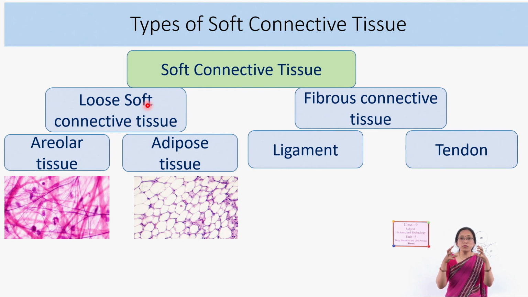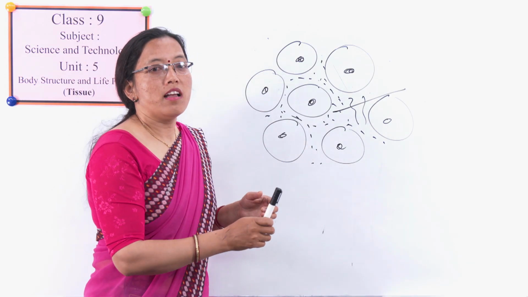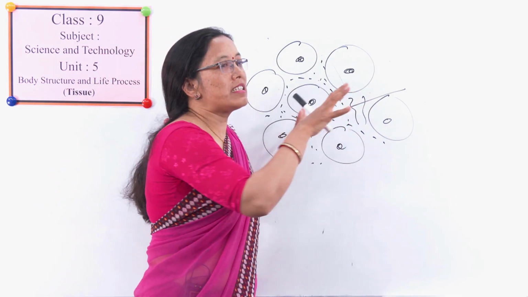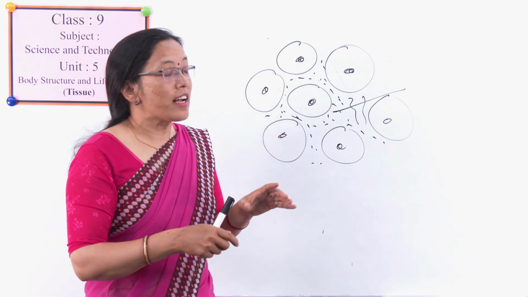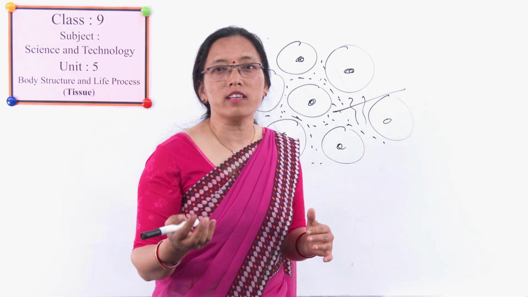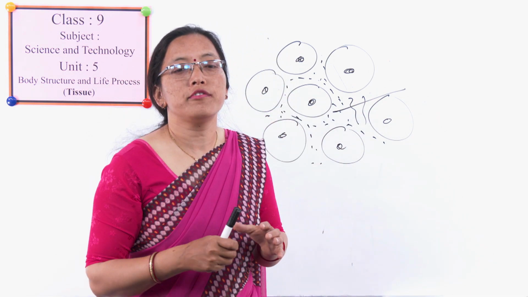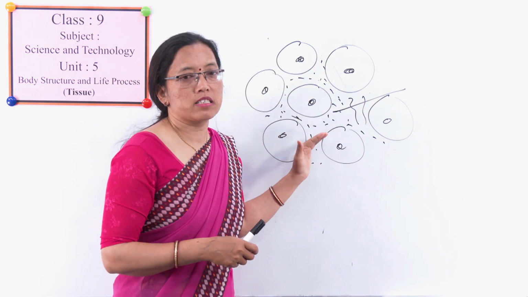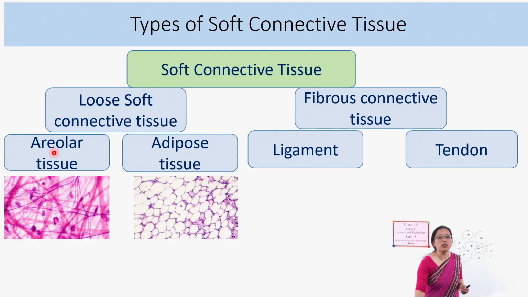There is much more intercellular space, this space is very high and cells are present very far apart. More amount of matrix and more fibers are present in this. Based on the cellular structure, these are again classified into areolar tissue and adipose tissue.